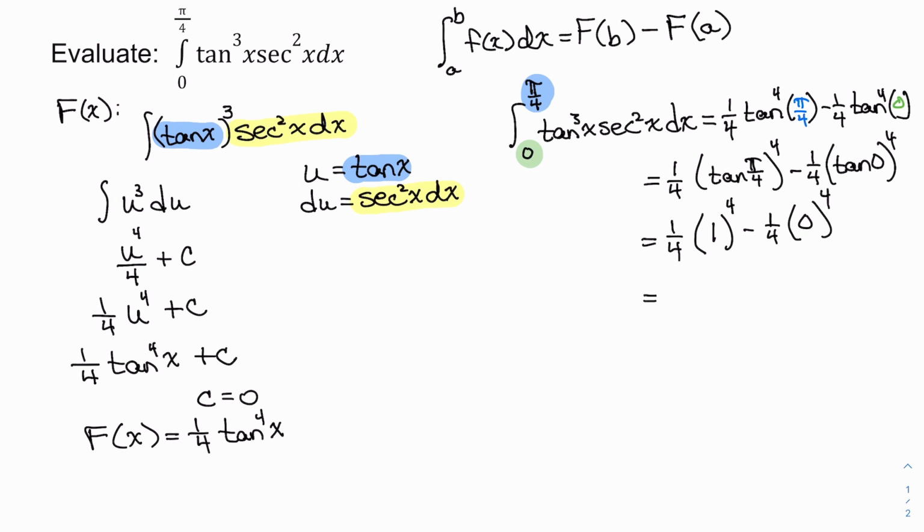And 1 to the 4th is 1 times 1/4 is 1/4, minus 0 to the power 4 is 0 times 1/4 is 0, and 1/4 minus 0 is 1/4. And that gives us our value of the definite integral from 0 to pi over 4 of tangent cubed x secant squared x dx.